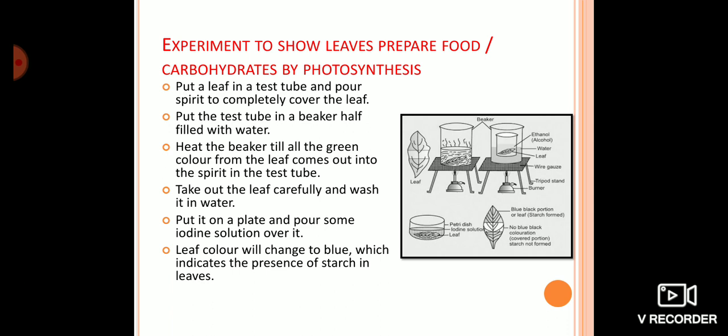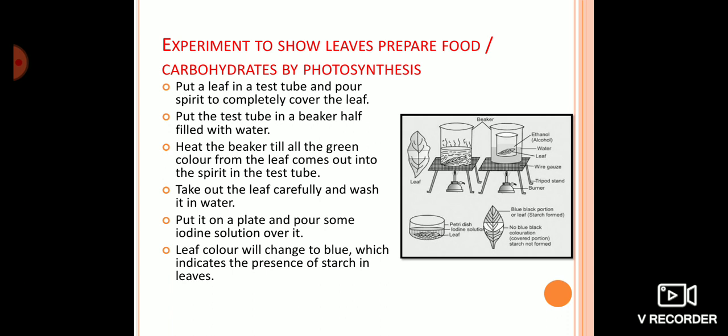But before that, we know that our leaf is green in color, and if we put the iodine solution over it, we cannot clearly observe the color change, because it already has a color. So first we will turn our leaf colorless.